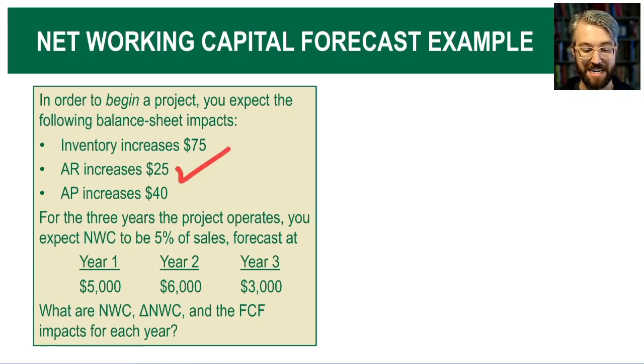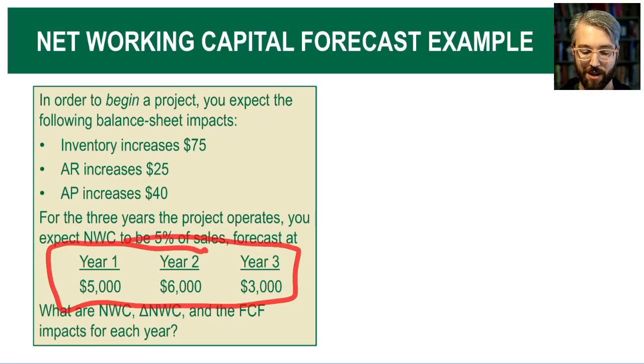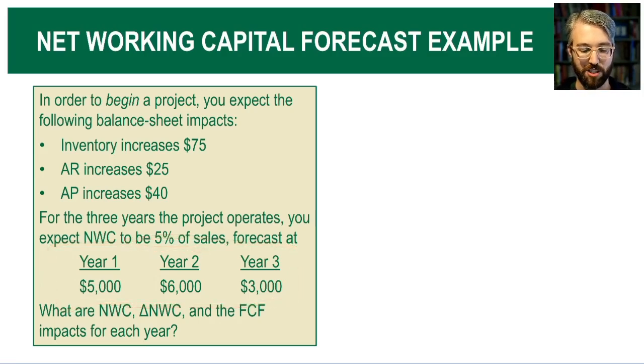They expect initially, right away, to generate 25, let's say $25,000, of accounts receivable, but $40,000 of AP. And then suppose that over the course of the life of the project, after that initial investment at time zero, instead of these fairly ad hoc forecasts, they will always need to maintain for the project net working capital equal to 5% of sales, and that they've generated a sales forecast going forward for the next 3 years.